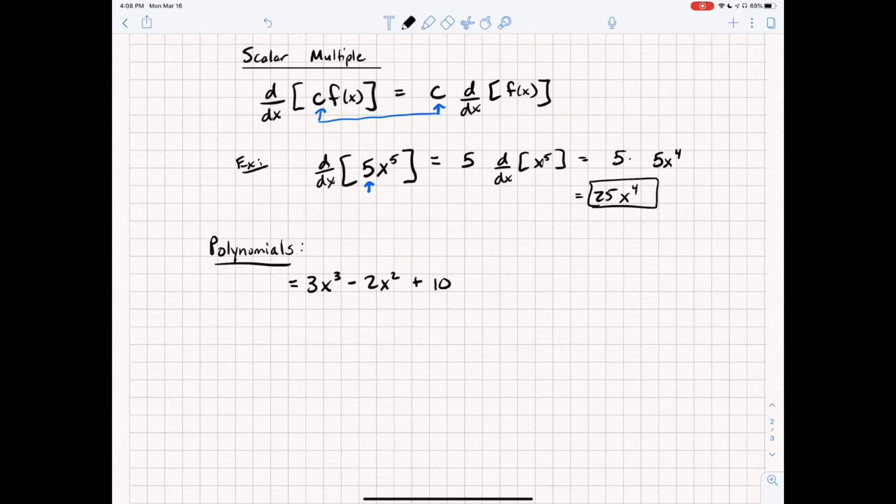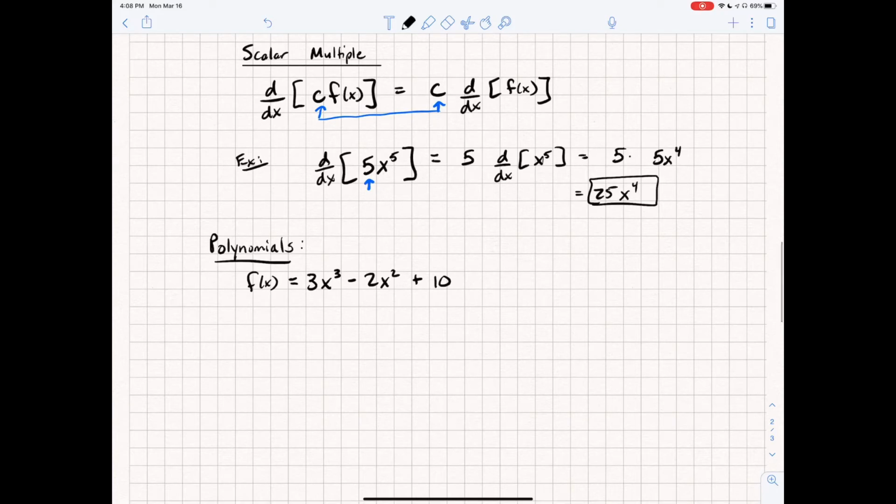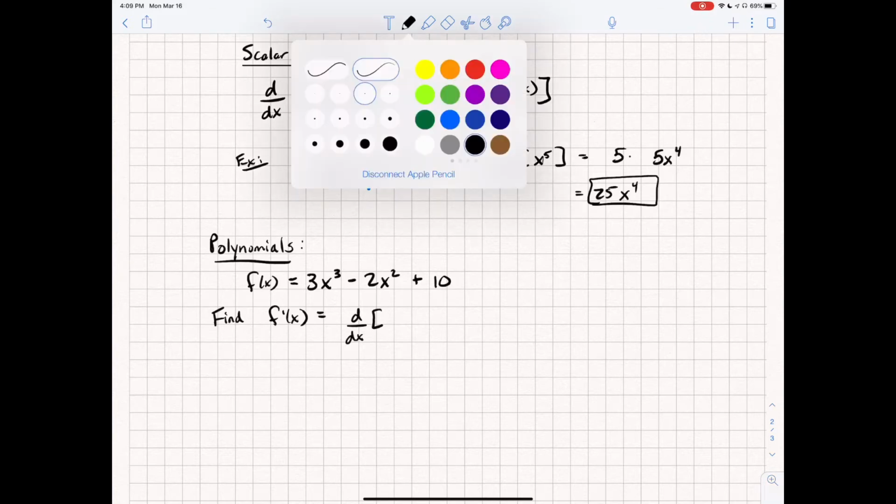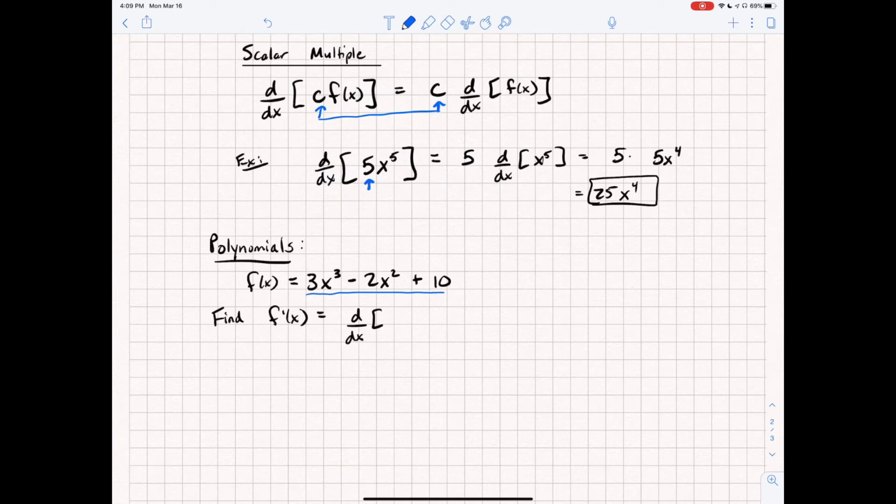And so let's just go ahead and call this f of x. If I want to differentiate this, if I want to find f prime of x, then what I want to do is go through and derive f, which is all of this.